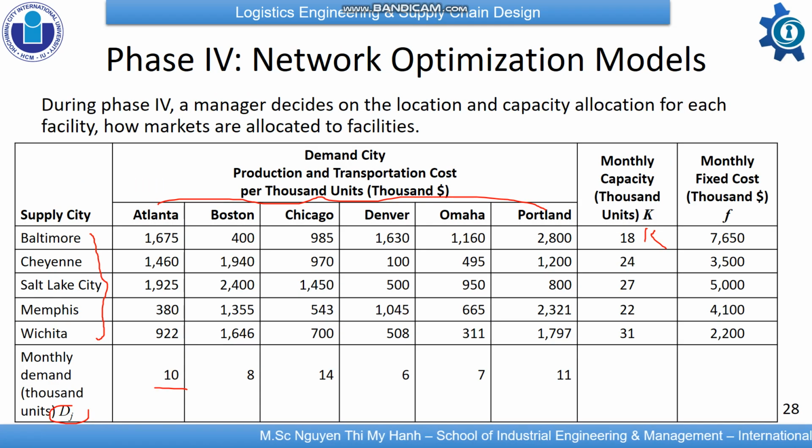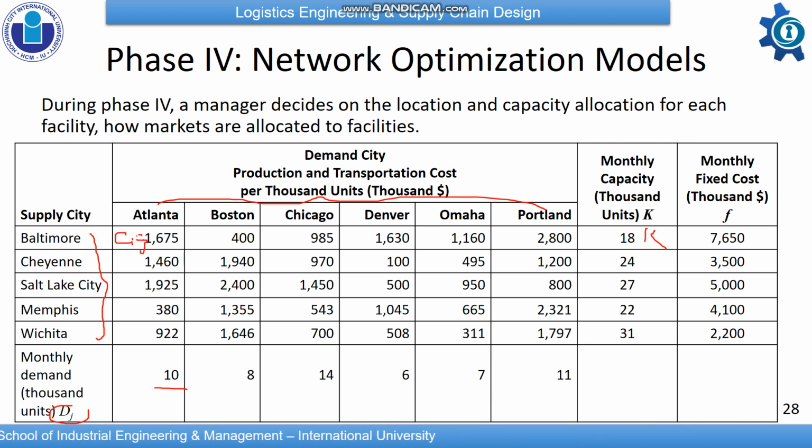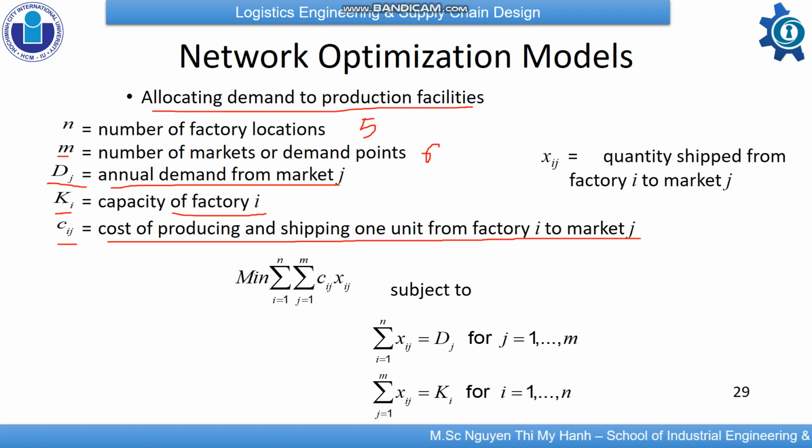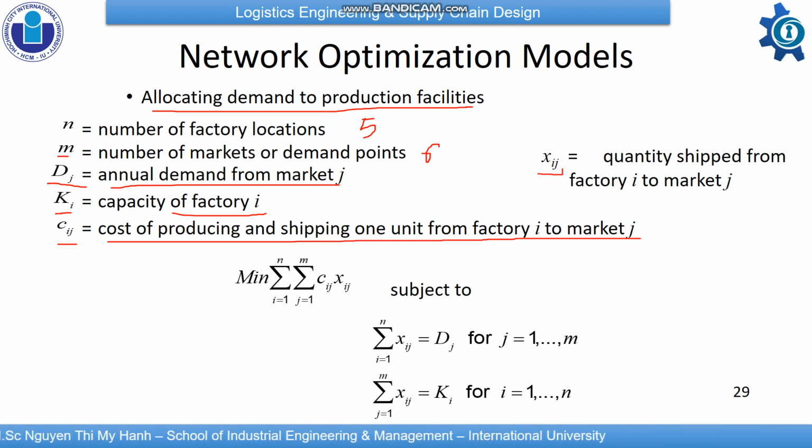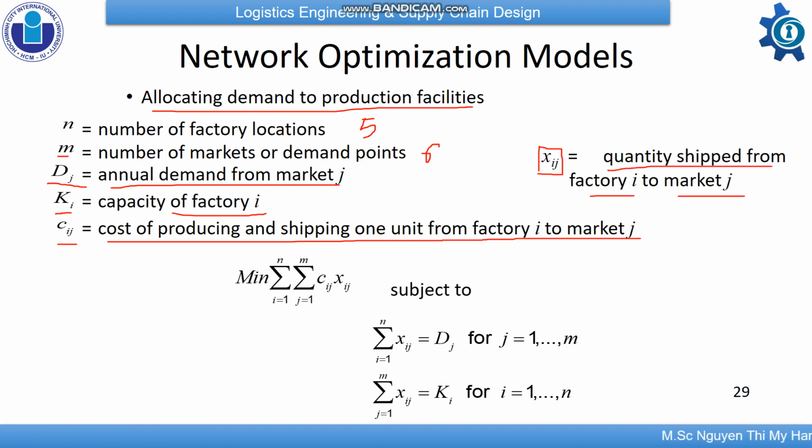So we have Cij here, similar to the example we learned last week. So I will just introduce it quickly. And Xij is the decision variable, the one we want to determine, that is the quantity shipped from factory i to market j.